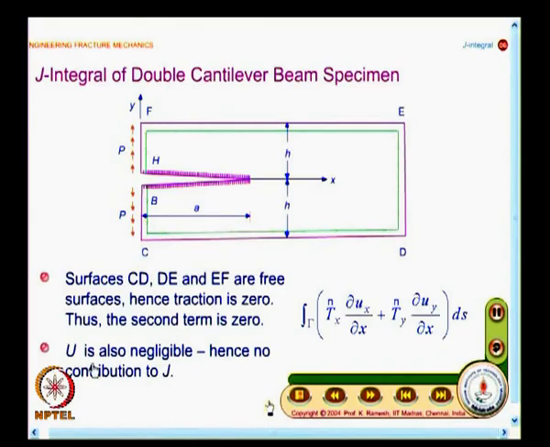In addition, you should also recognize that u is also negligible, hence no contribution to J. You will have dy equal to 0 in this, you will have very small value of stresses here. So, u is also negligible. So, we have to focus our attention only on the segments FH and BC.